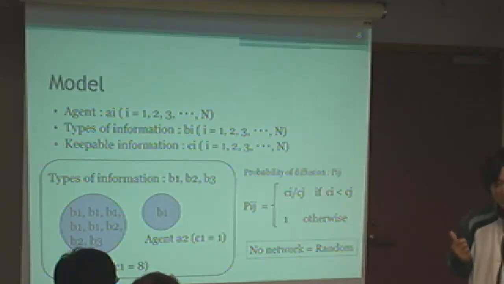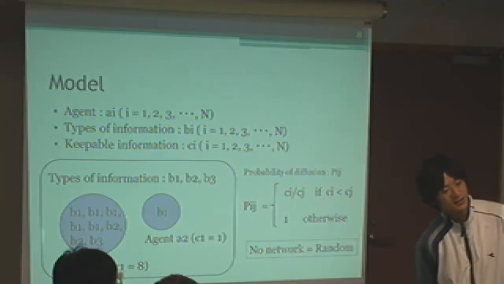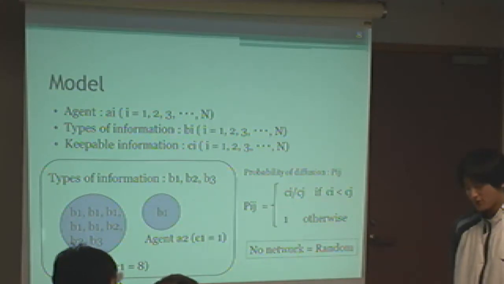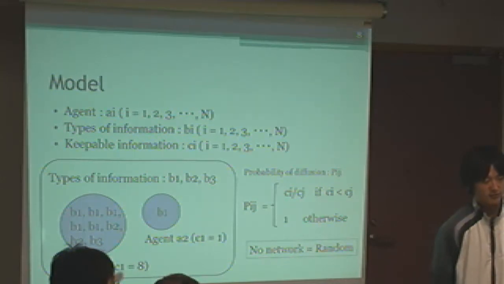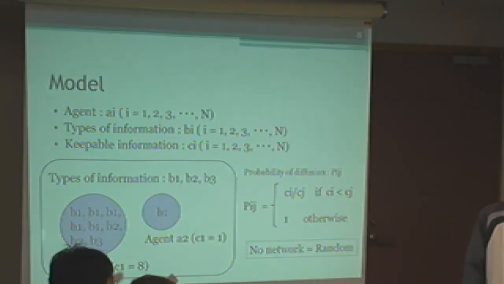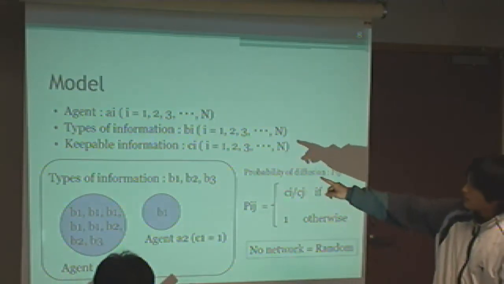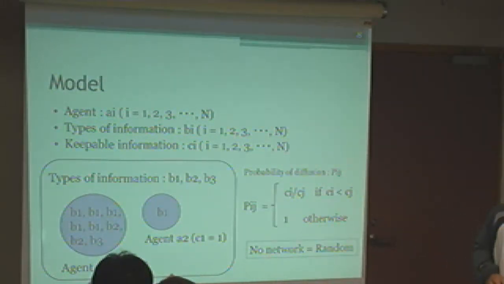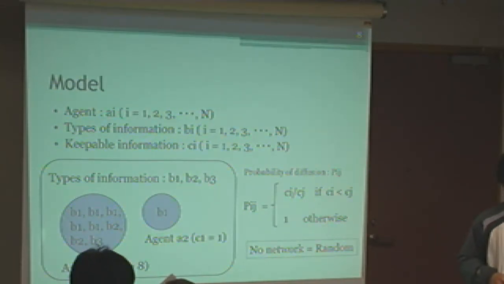This is a complete graph, perfect figures, and they choose a random pattern, and the innovator can keep 100 types of information. So C1 of the innovator is 100, and the early adapter can keep 10 types, only 10.